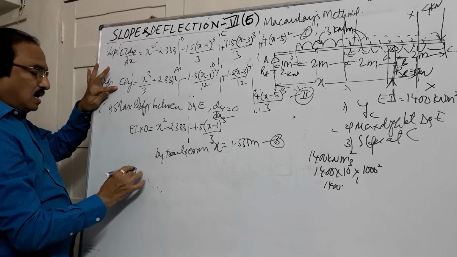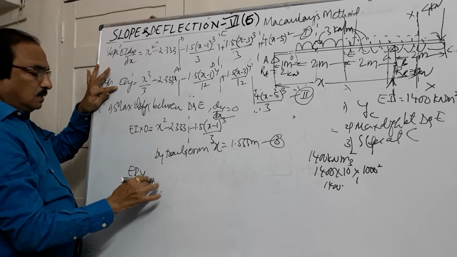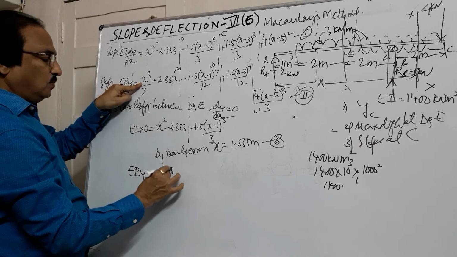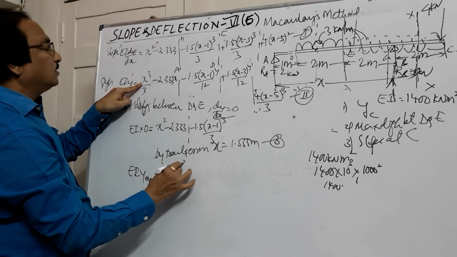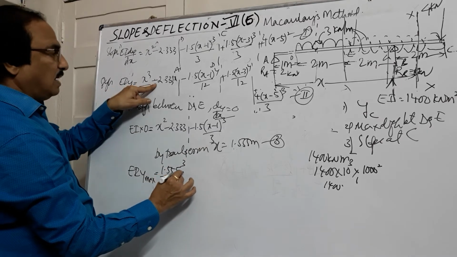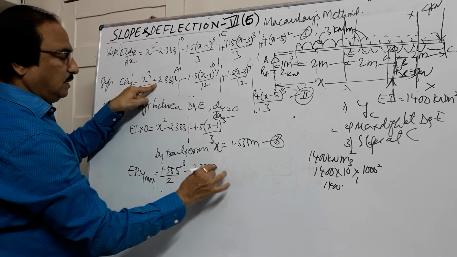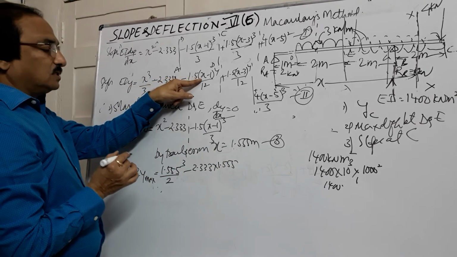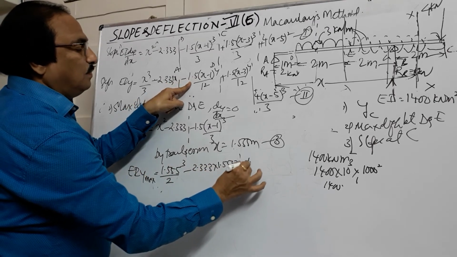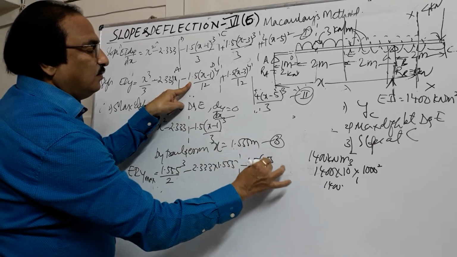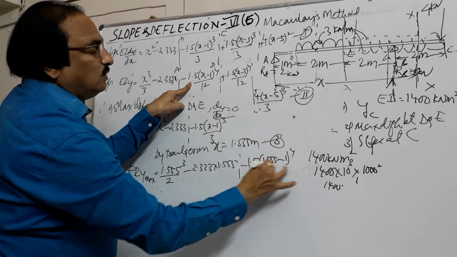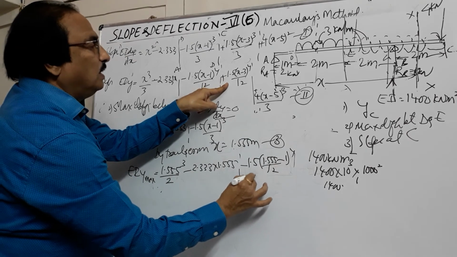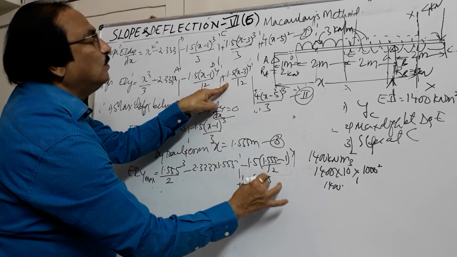So EI y max is equal to x cube, 1.555 raised to 3 divided by 2, minus 2.333 into 1.555, minus 1.5 into 1.555 minus 1 raised to 4 divided by 12, plus 1.5 into 1.555 minus 3.